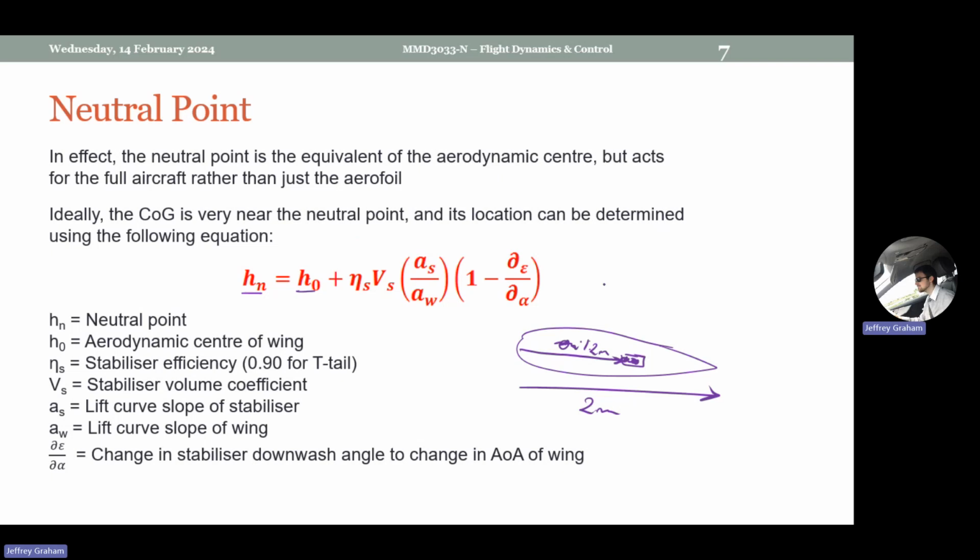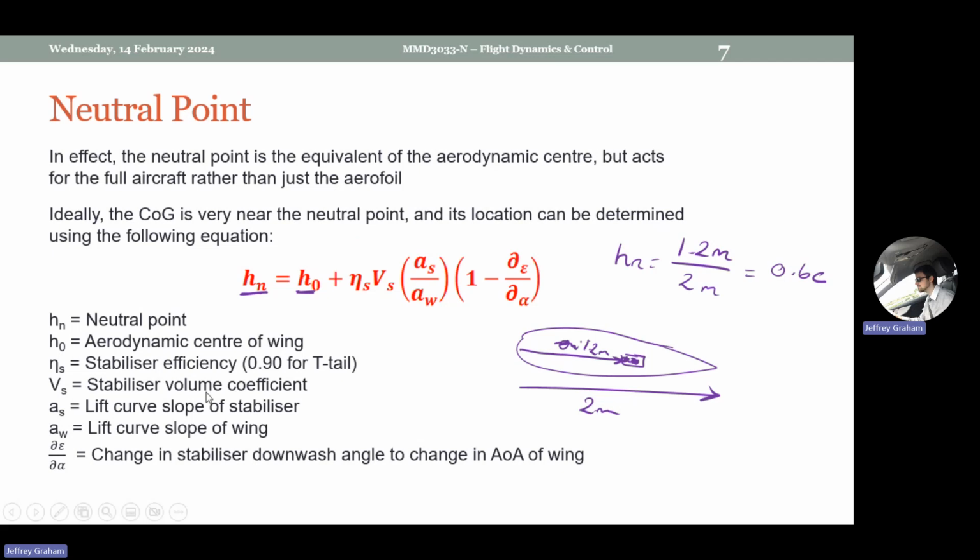When it's in H form, the neutral point, rather than being 1.2 meters, will actually be 1.2 divided by its chord length. It'll be written like that. So it's basically 60% of the chord length, 0.6 C. That is a ratio of the chord length. Similarly for the aerodynamic center there.